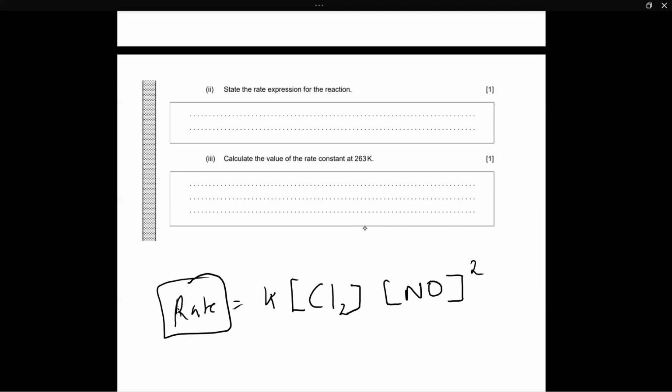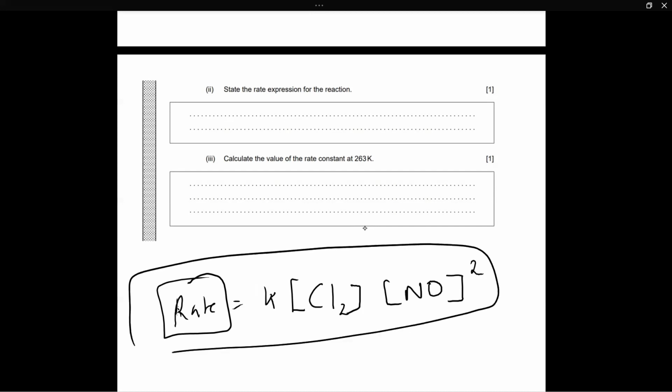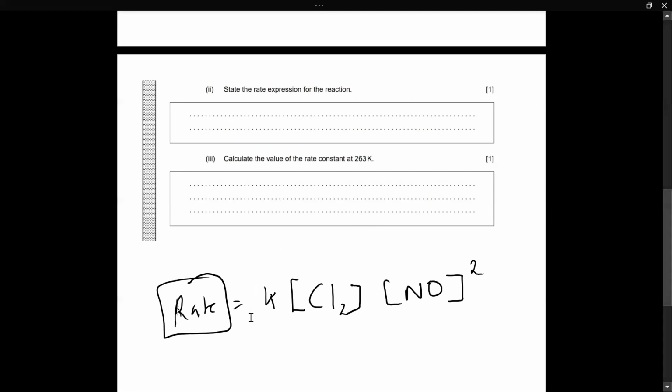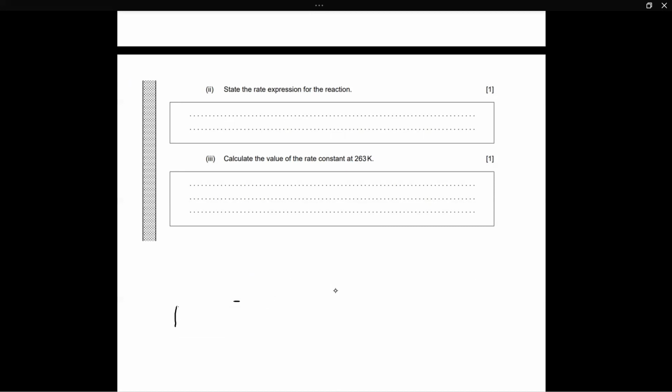So this is the rate expression. I'm going to write this above. So it's just k times [NO] squared times [Cl2]. This is the rate expression.